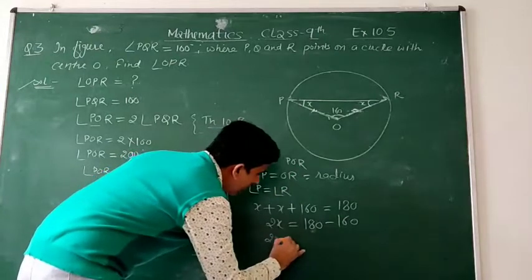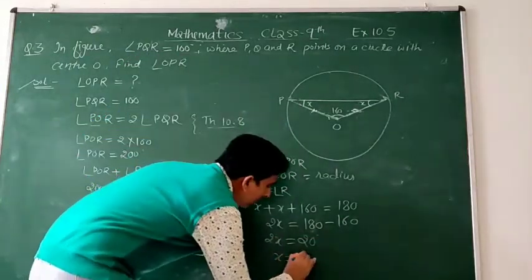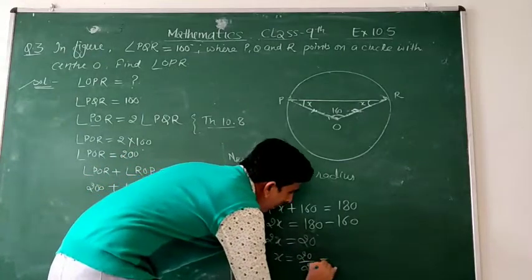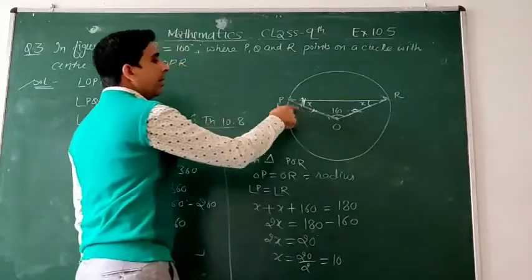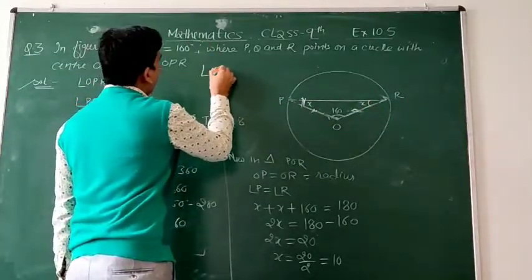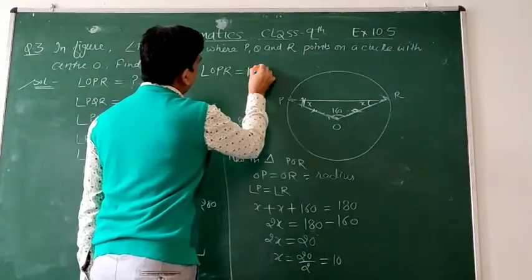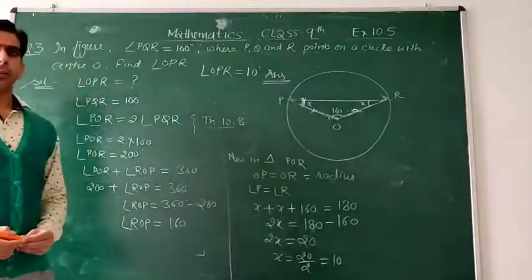So 2x is equal to 20 degrees and x is equal to 20 by 2, means 10 degrees, and this x is angle OPR. So angle OPR is equal to 10 degrees, and this is our answer.